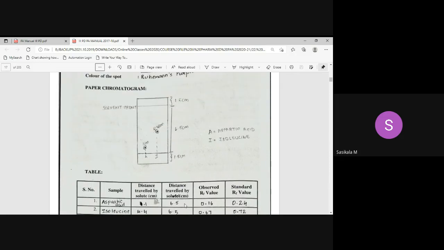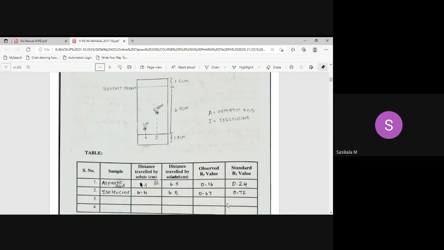Note down this reading and do the calculation. Standard values for aspartic acid and isoleucine are 0.24 and 0.72. 0.24 for aspartic acid standard RF value, and standard RF value for isoleucine is 0.72. So according to the standard value, you can change the distance traveled by solute and you can write it.